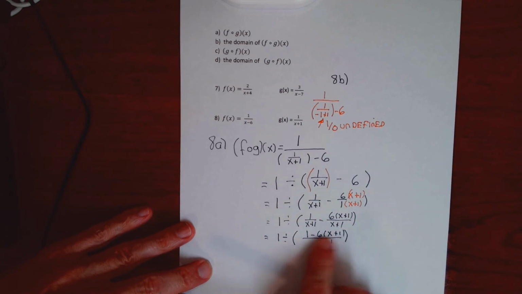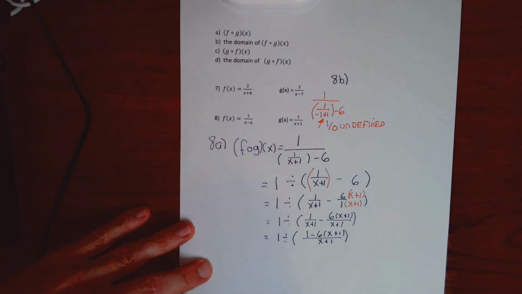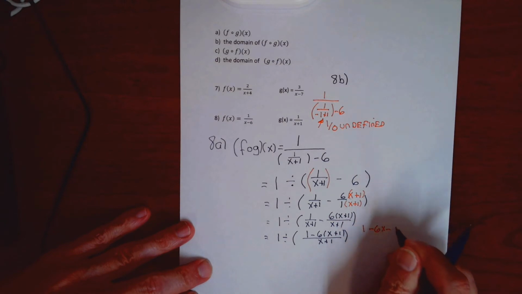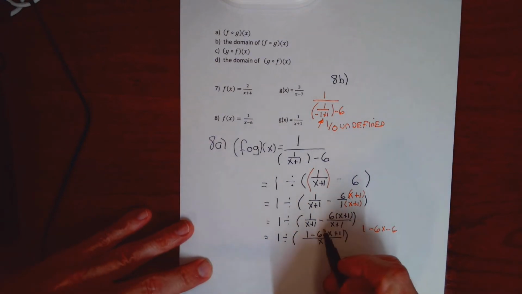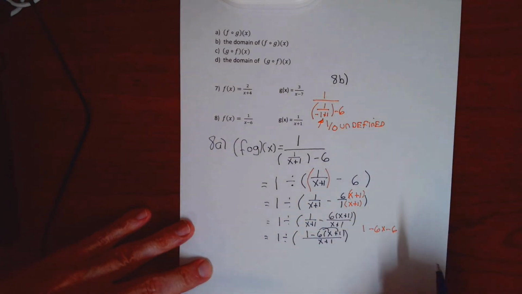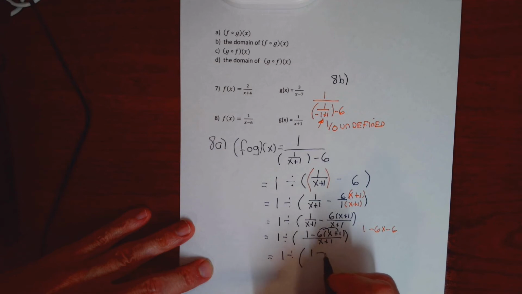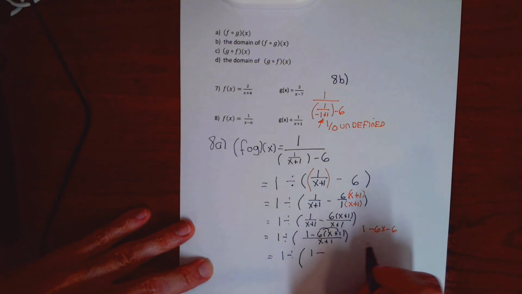And I'm going to work on this numerator here. This numerator is really 1 minus 6x minus 6. If I clear the parentheses, I go minus 6 times x and minus 6 times 1. So this is going to be 1 divided by 1 minus 6x minus 6 over x plus 1.